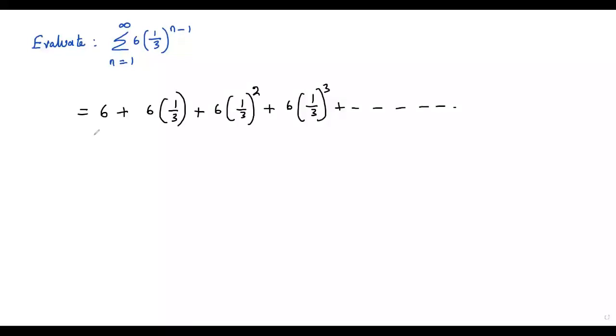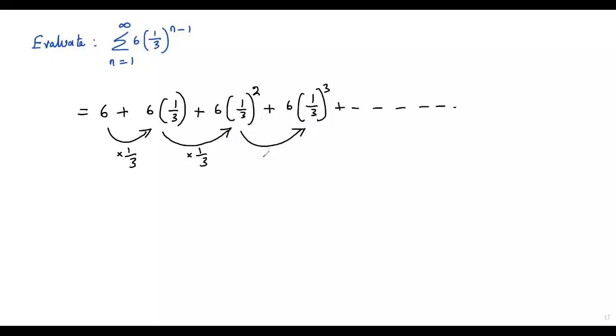When I look at the series carefully, the first term is 6. To generate the second term, we multiply the first term by 1/3. To generate the third term from the second, again I multiply by 1/3, and the same for the fourth term from the third.